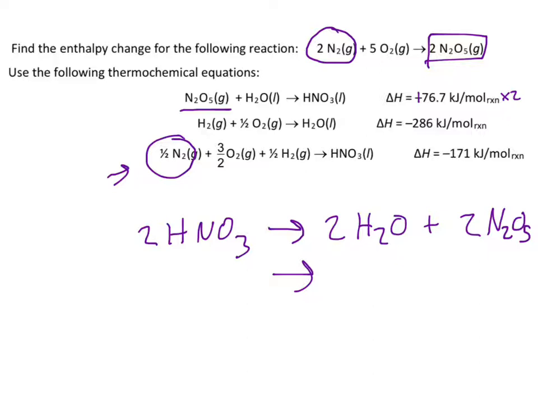So when we multiply that by 4, it ends up giving us 2 and 2, plus 3 times 4 is 12, divided by 2 is 6 O2, plus 2 hydrogen gas molecules yields 4 HNO3.